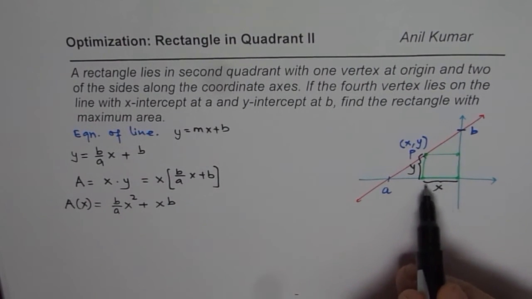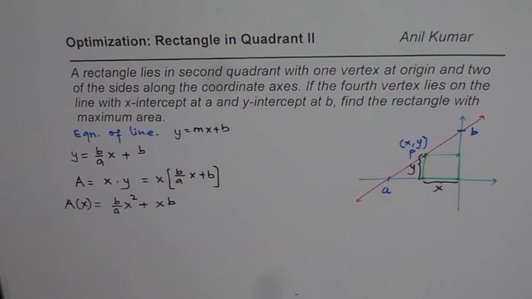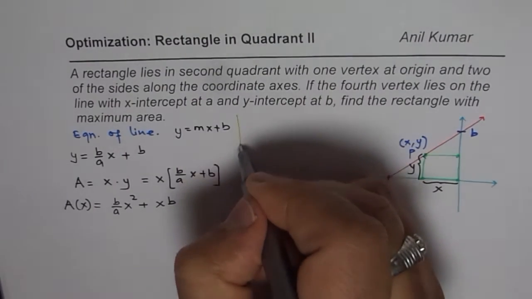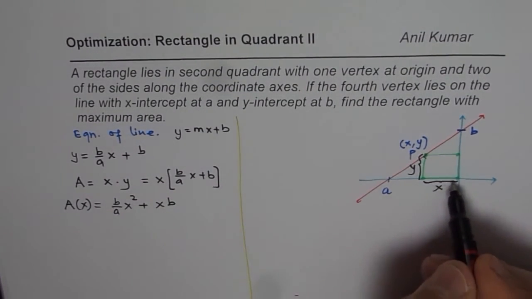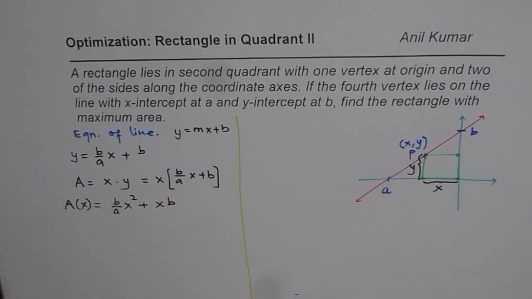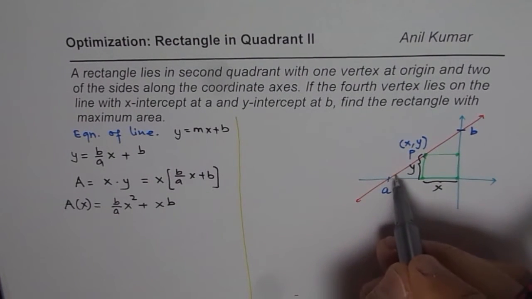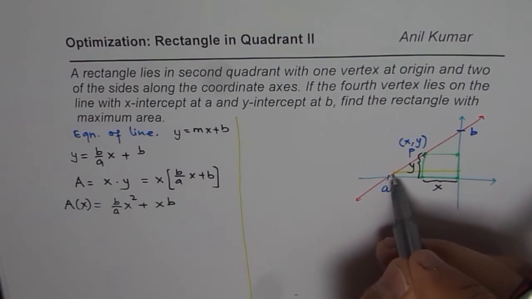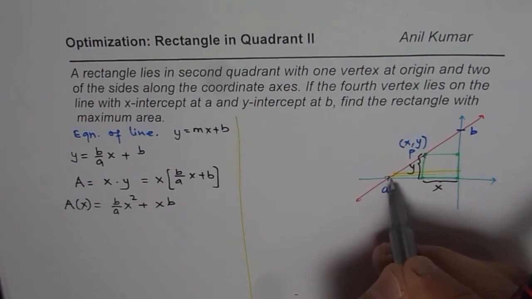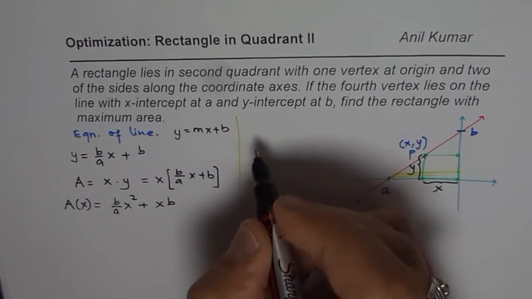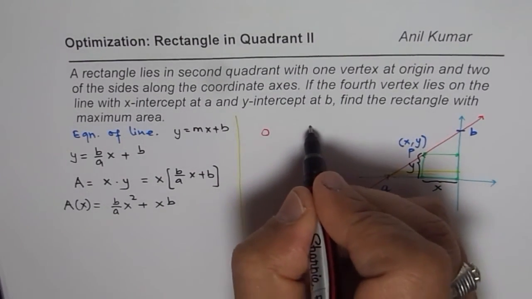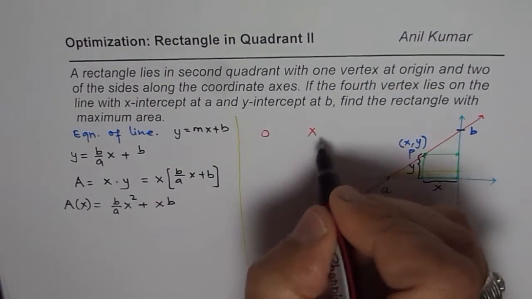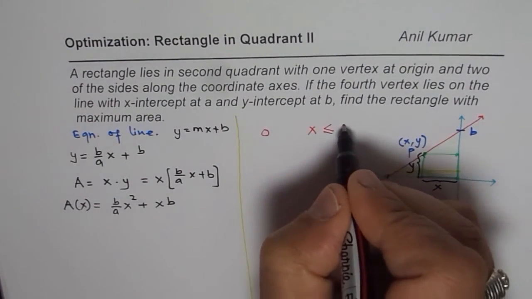Now what can x be? We'll now define the limits for x. As you can see, x could maximum be a, forming a rectangle like this. Do you see that? So x could approach a and become smaller and smaller. So first, x should be at most a, so it's less than or equal to a.